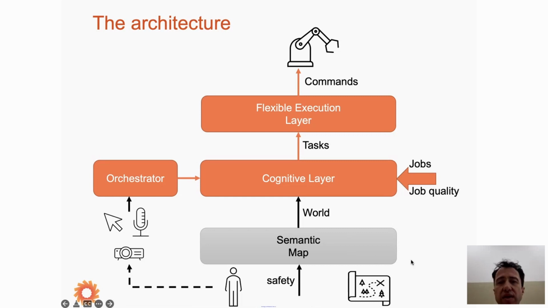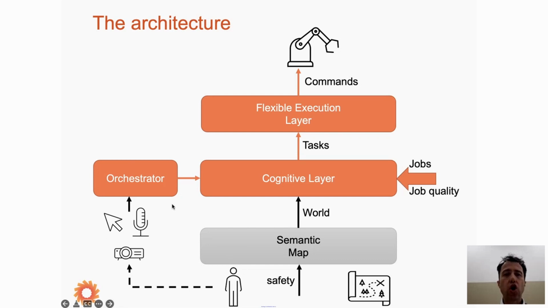The cognitive layer is basically the layer responsible for dispatching tasks between the human and the robot, and takes as an input the job description and the job quality indicators that we want to exploit for maximizing the quality of the job, and it takes as an input the output of the orchestrator. The orchestrator itself is basically an object that coordinates the communication media the human can exploit for interacting with the robot.